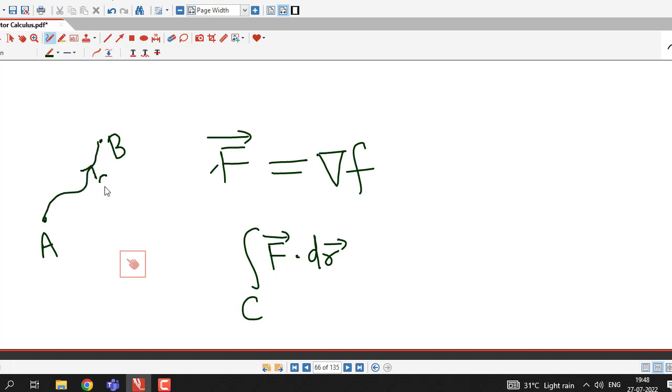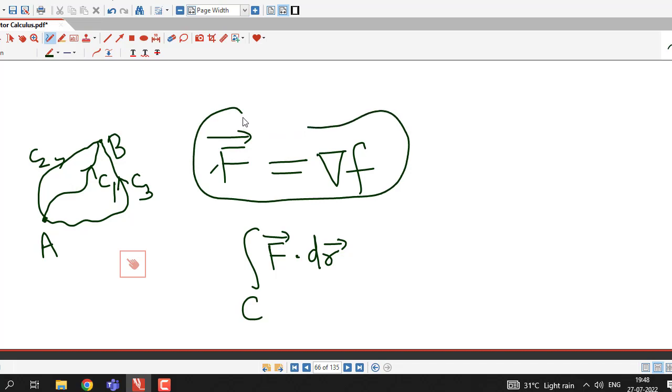If we take any curve, say C1, C2, C3, joining two points A and B, then this line integral is independent of path between these two points if our vector field F bar is conservative.